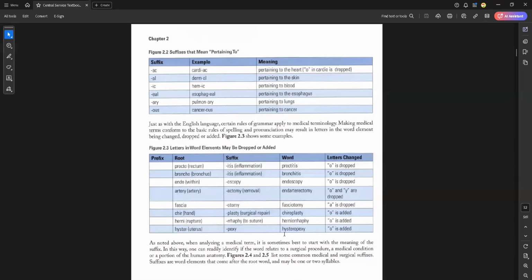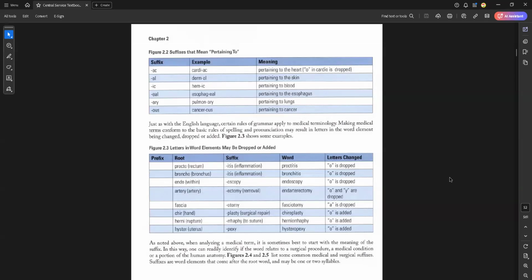All right. So we have some examples here. In this area, it is only by practice that we can go through everything. But if you don't practice, you are not going to understand. You see, figure 2.2, suffixes that mean pertaining to: IC, cardiac. It is cardio, but the O, remember the combining vowel, is dropped.